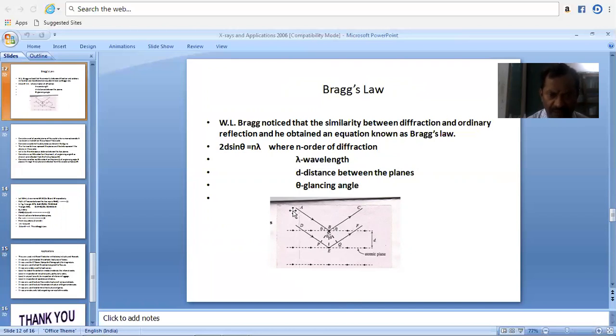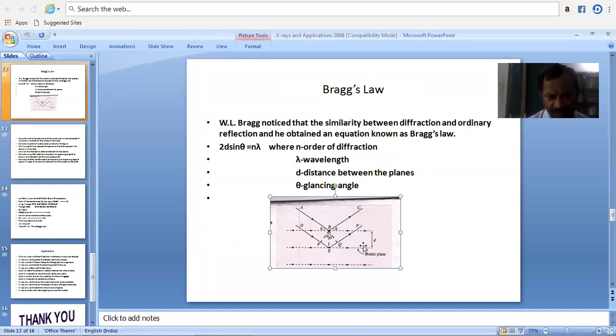In that, the first ray A, B, C: the ray A is incident at B and scatters along BC and makes an angle theta. Next, one more ray DEF: the ray D is incident at the plane E and scatters along EF. It also makes an angle theta here.